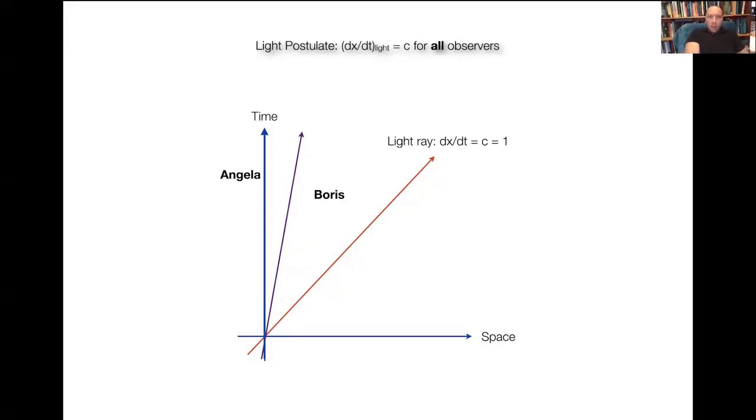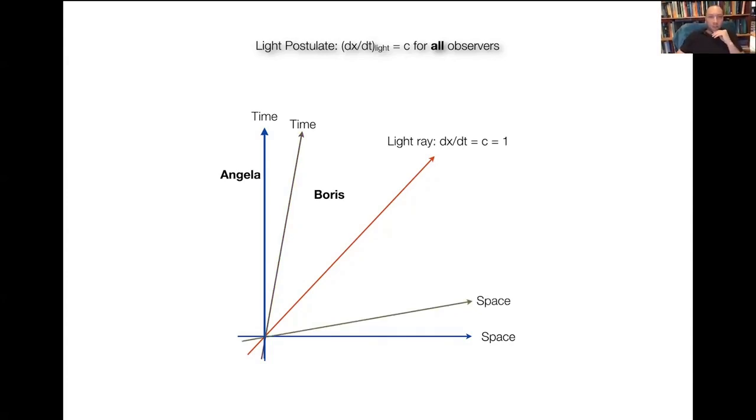Now, although in Angela's frame, light is moving 1 unit of space and 1 unit of time, in Boris's, because he's kind of chasing after that beam of light, he's moving more units of space in the same number of units of time. So that would mean that the light ray is traveling at a velocity of less than c, according to Boris. How does Einstein deal with this?